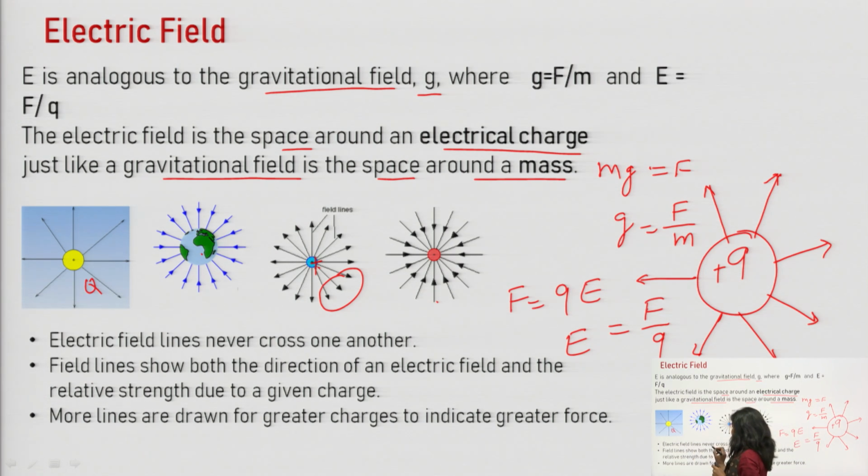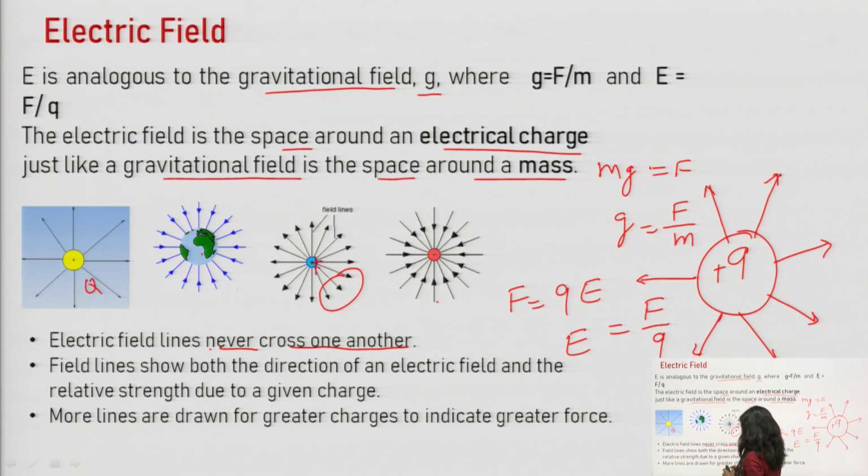Now these are the electric field lines. Electric field lines never cross one another, which means there are numerous lines of force emitting from a charge, but they never cross each other. Further, a field line shows both the direction of an electric field and its relative strength due to a given charge.